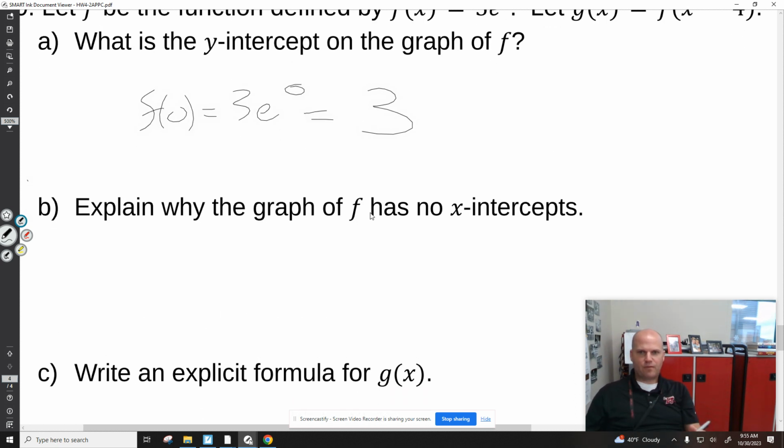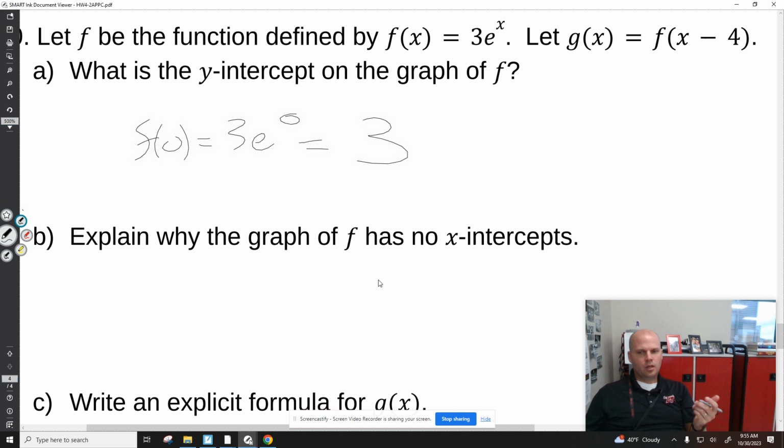Why does the graph of f have no x-intercepts? You could talk about the end behavior. This is a situation where you're multiplying by something bigger than 1 every single time. Your limit approaches 0 to the left. It approaches infinity to the right. It never crosses 0 in between.